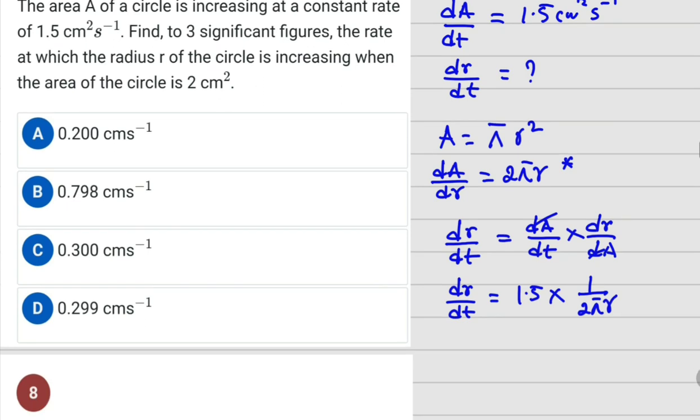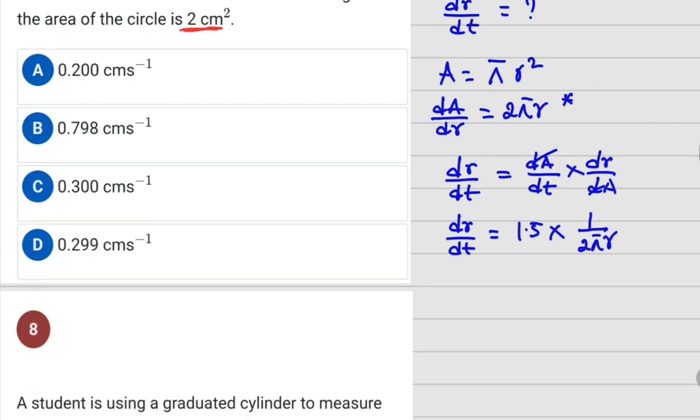Now, we know what pi is. The problem is that we don't know what r is. But there is something that is being said in the question. What is said in the question is that the area of the circle is 2 centimeters squared. So we can use this to find the radius. We know that area is equals to pi r squared, right?